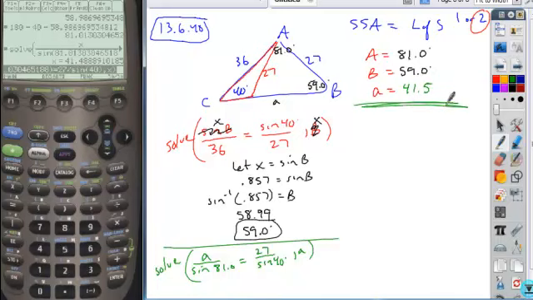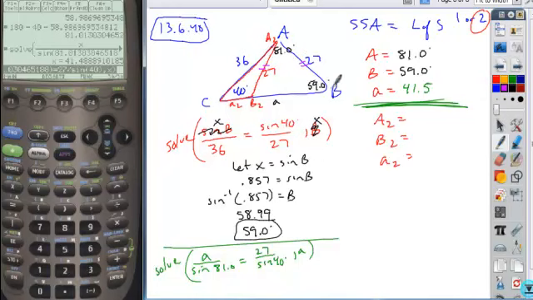Once I have my first set of measures, I can then identify B2 and A2 up here. This will give me a second set of angle and side. And then my side opposite angle A will also need to be established. So the way that I find that is use the idea that this is an isosceles triangle.